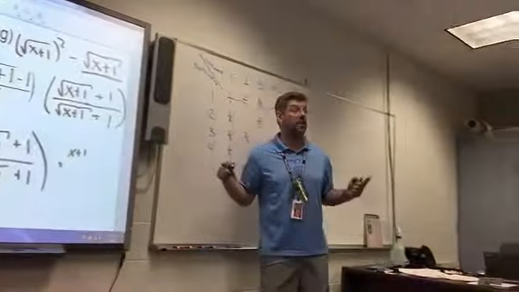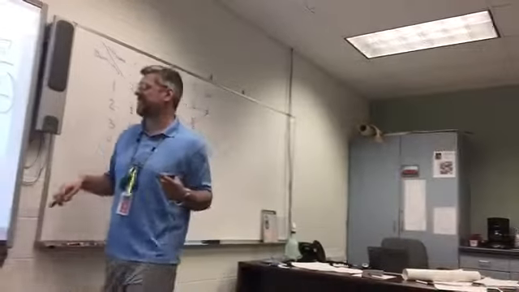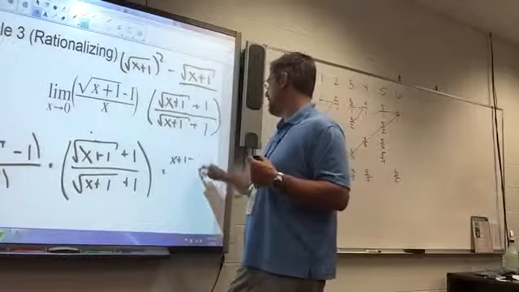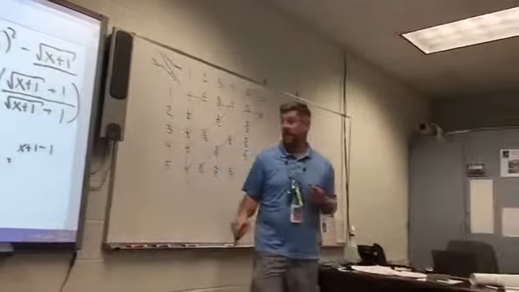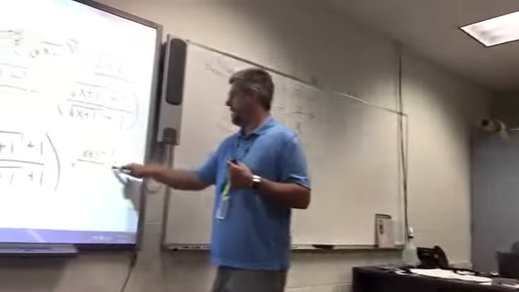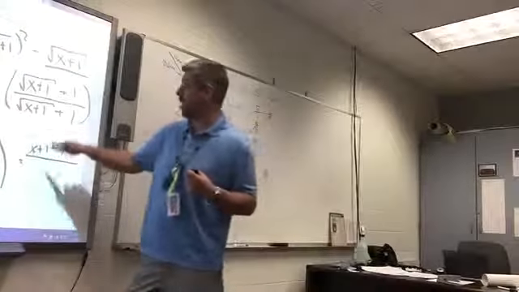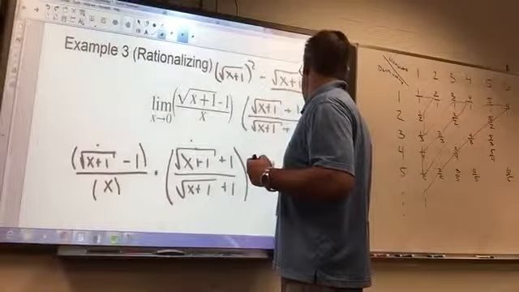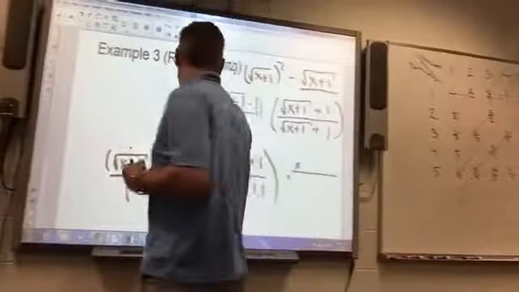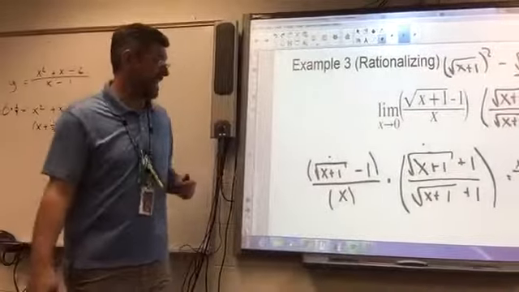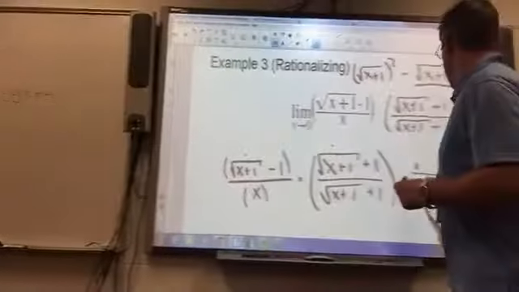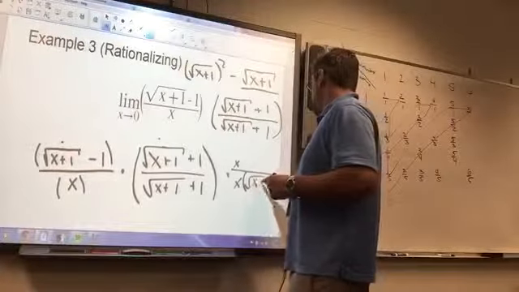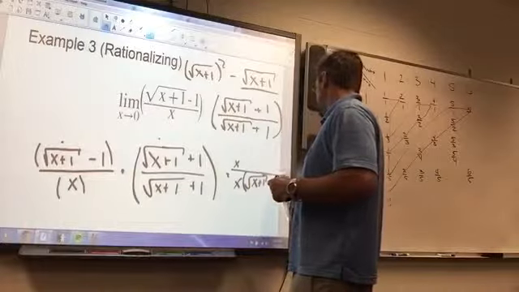So those guys cancel out, right? And then lastly, I get negative 1 times positive 1, which is negative 1. So this all simplifies to just plain x, right? And then in the denominator, I get x times the square root of x plus 1 plus 1.